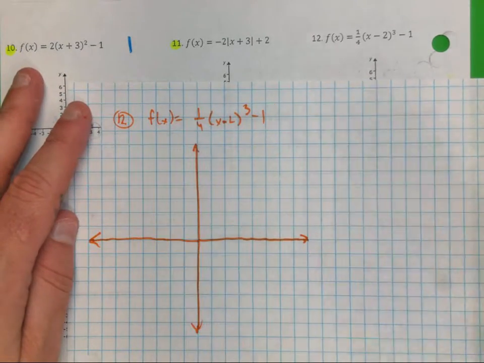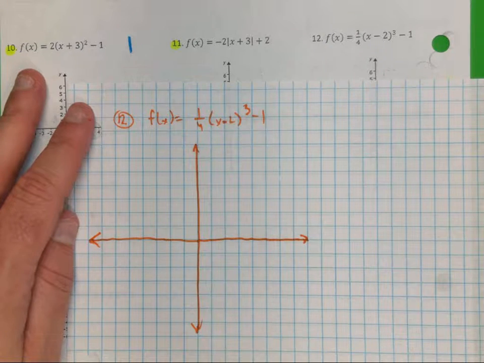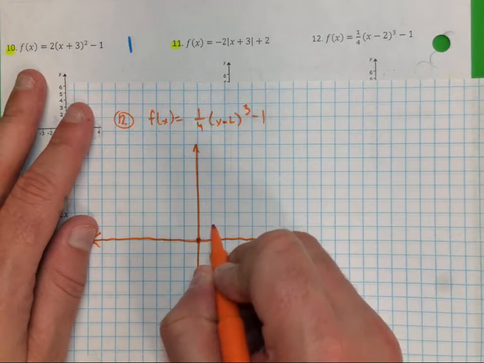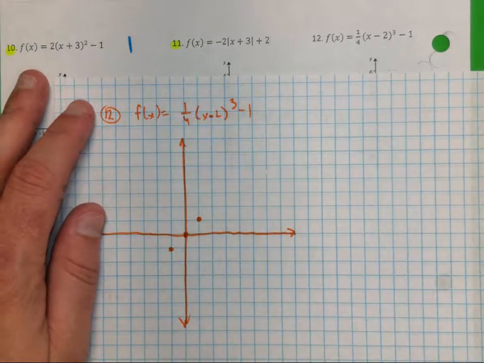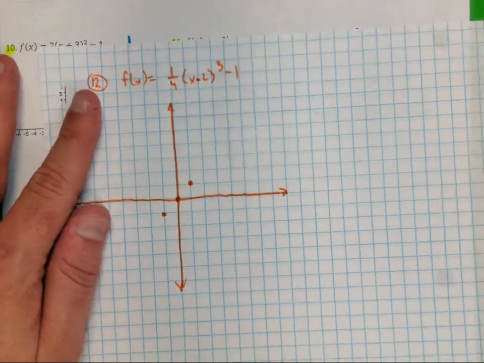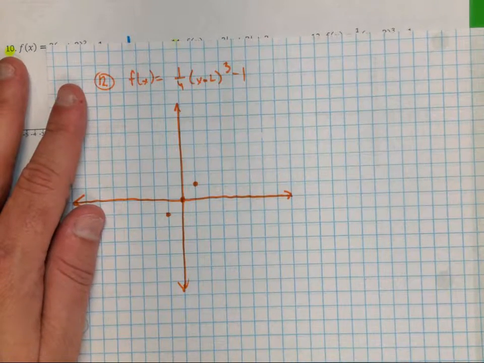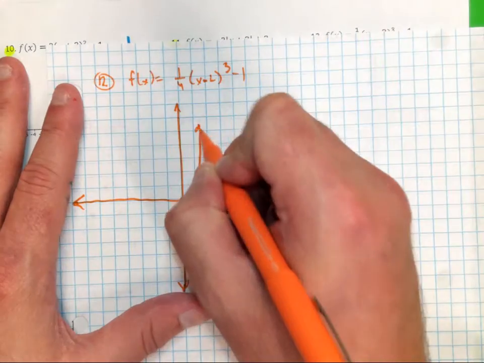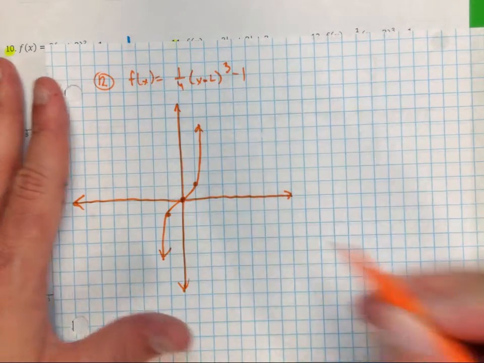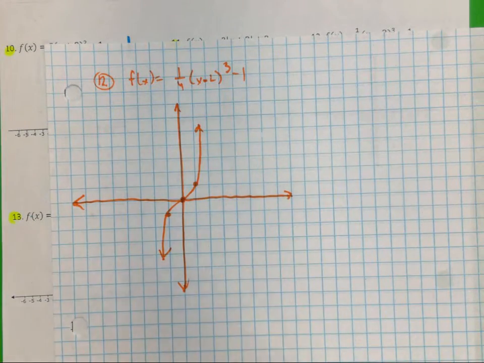What's my parent function here, Juliet? Cubic, very good. So I'm going to graph that. Page 52. Page 52. I'm going to start off by doing a table here.